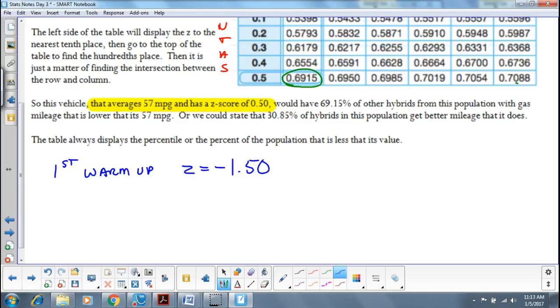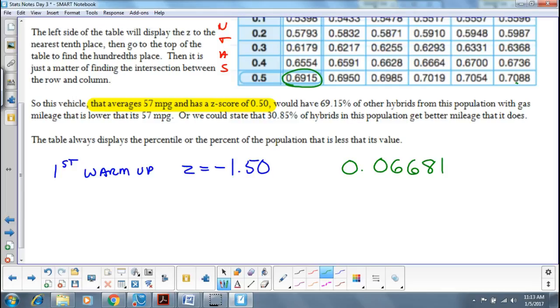So I have to go on to my negative side now, go down the column to negative 1.5, and go over to the 0 column, because it's negative 1.50, and that gives me a 0.0668, right?